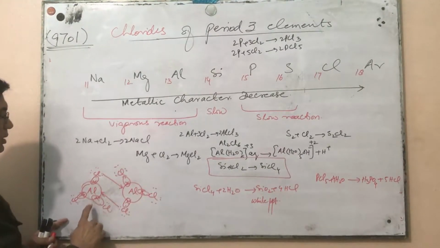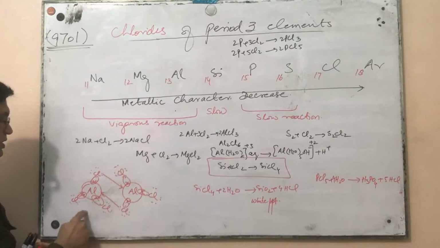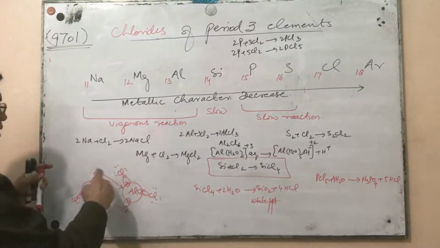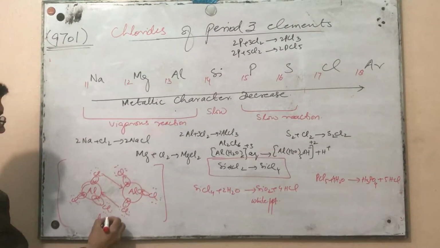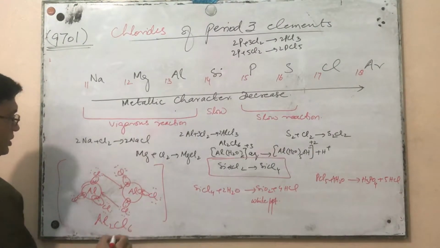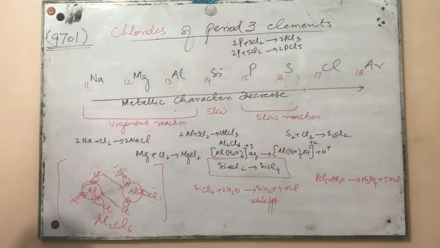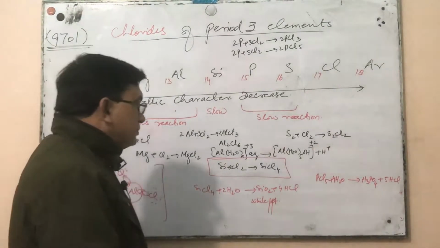In this manner, 2 units of AlCl3 combine together and exist as a dimer, which is called Al2Cl6.